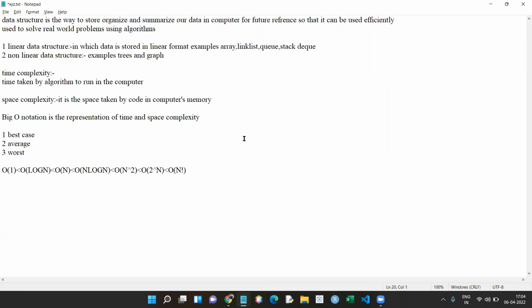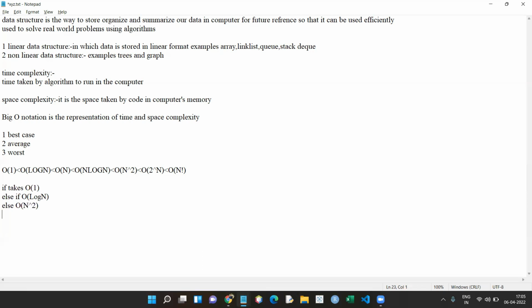If takes big O of 1 time complexity. Else if takes big O of log n, and else takes big O of n square, which is the highest time complexity, the second highest.